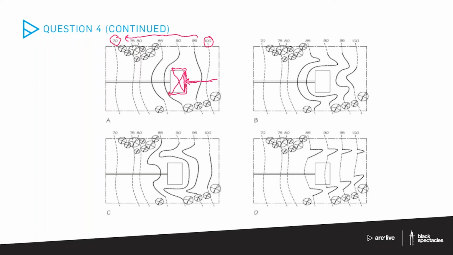So we know that we obviously want to divert water away from the building foundation for a variety of reasons. So we need to find which of these four solutions does that in the best way possible.